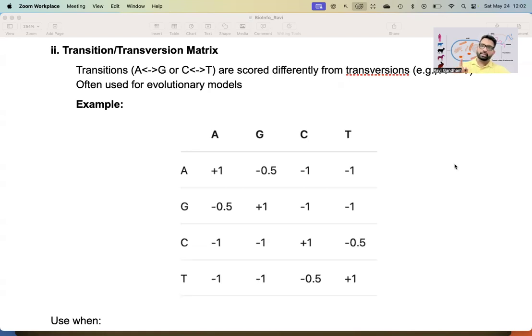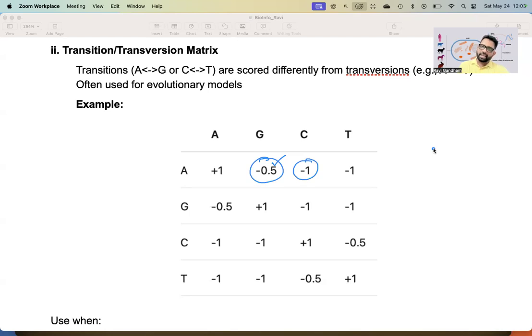Here, the only difference is that a transition, like A to G, will not have as negative a score as any other mismatch. Means the score given to a transition is penalized less than that given for a transversion. However, the score here is still negative. Remember, when I was talking about similarity, the score is never negative; it is greater than 0. That's what we have discussed, and it's used for proteins. So similarity is used only for protein sequences.